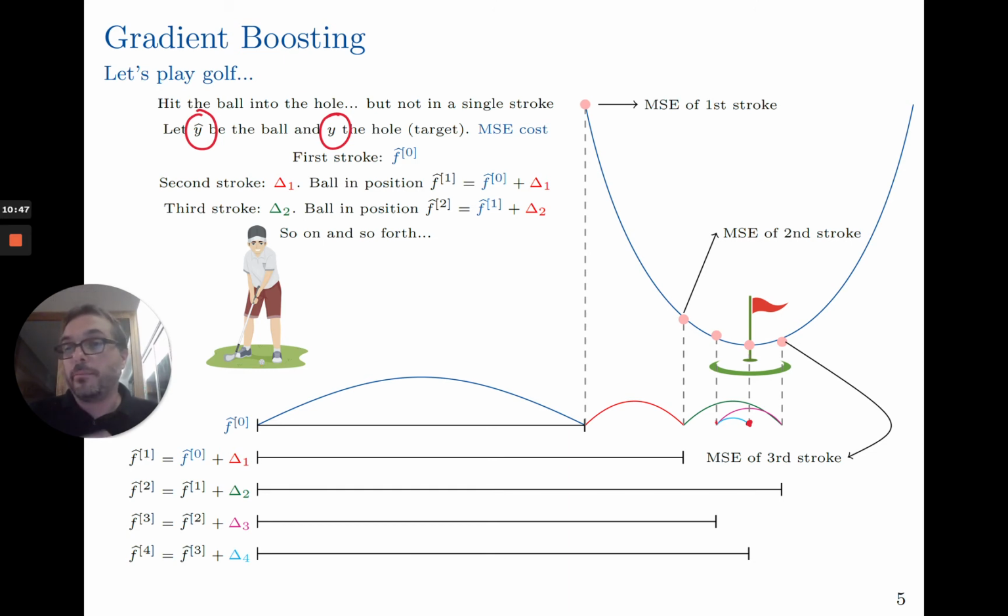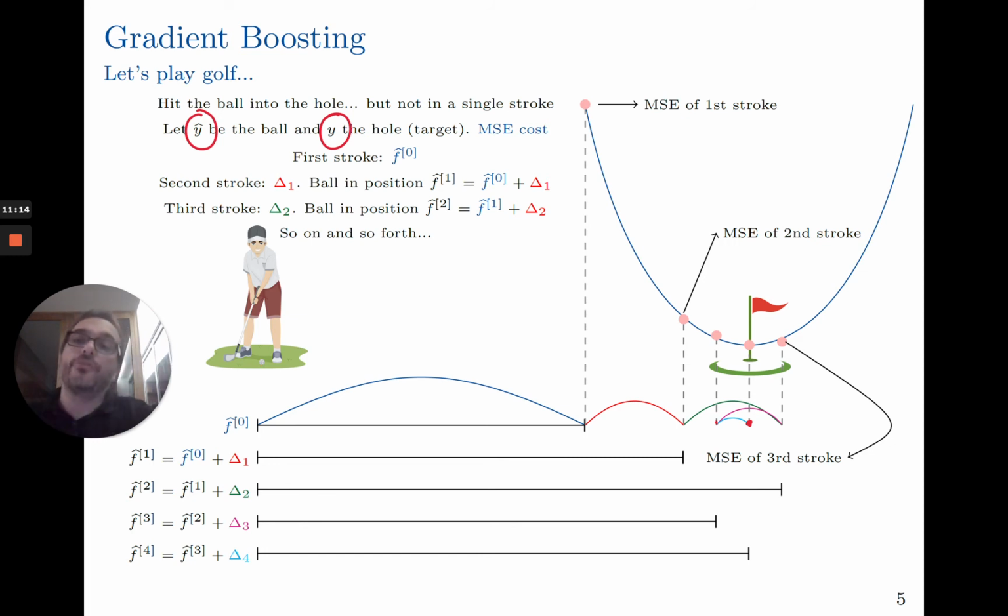Of course, we can be very tough with ourselves and say that we are going to stop when we reach 0, when y hat is exactly equal to y, so we reach the target perfectly, or we may accept some difference that's small, and then we stop. We are close enough, we are happy. So that's the idea of boosting.